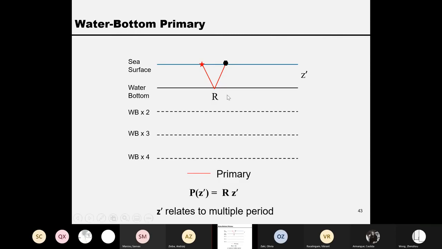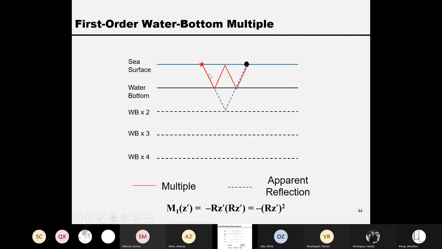And the multiples, the first order multiple, basically has the same travel behavior, doubled, right? That's the first order multiple. One RZ prime, another RZ prime, and on the surface here, the reflectivity is -1. So you end up with minus RZ prime squared.